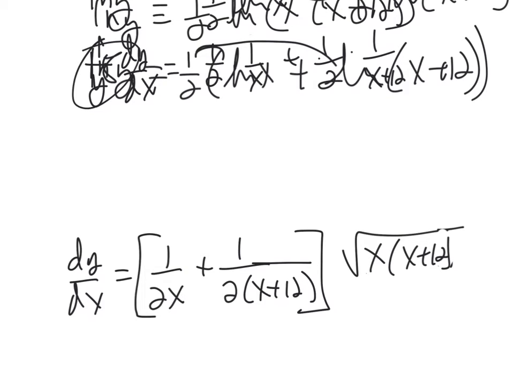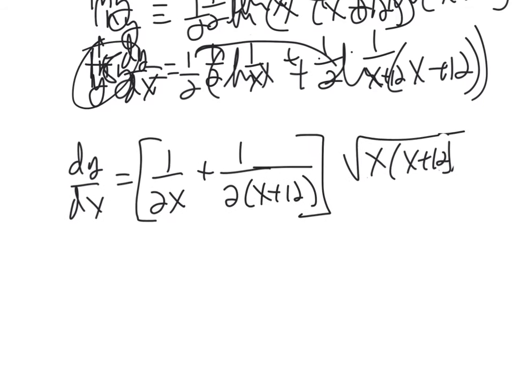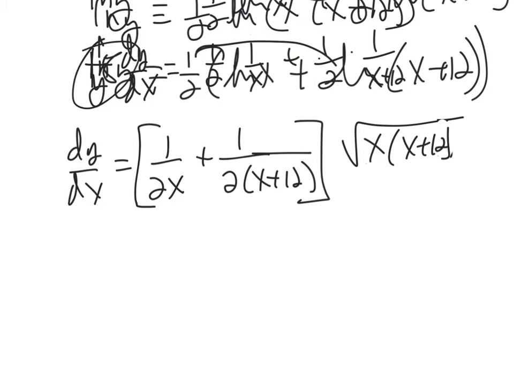Okay, now we can clean this up a little bit. My math lab's a little funny. Sometimes they want you to clean it up, sometimes they don't. In order to add these two fractions together, I need to get common denominators, which means they both have a 2, so that's okay, but that first fraction's missing the x plus 12, so I'm going to multiply this by x plus 12 over x plus 12, right?